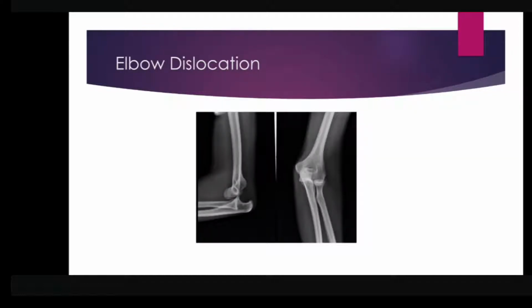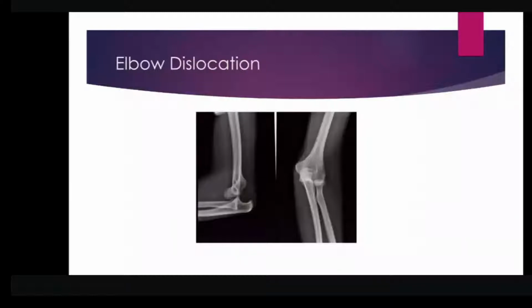So elbow dislocation is basic. Whenever we talk about any dislocation, basically there is no bony fracture. There is disruption of the joint capsule, and the tendinous attachments and ligaments are disrupted, and the bone of the joint is dislocated into a non-anatomical position. So it will be very painful.